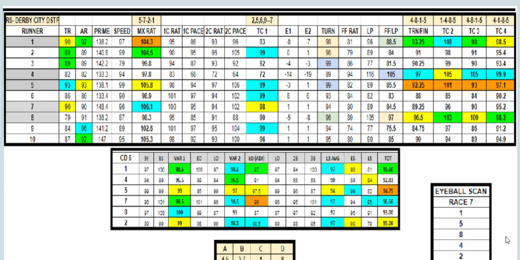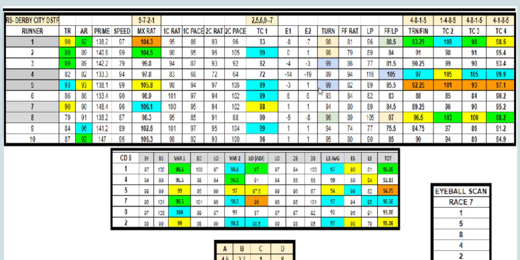Let's take a look at the eyeball scan. The eyeball scan took into account two things. It took into account the grid, only looking at the speed of the races, the pace of the races that each of these horses came out of, and where they were. Okay, if they did well early, was the pace fast?